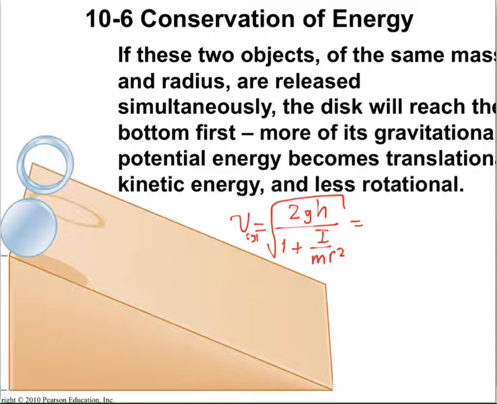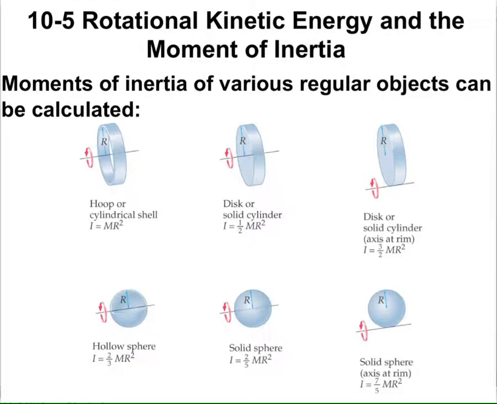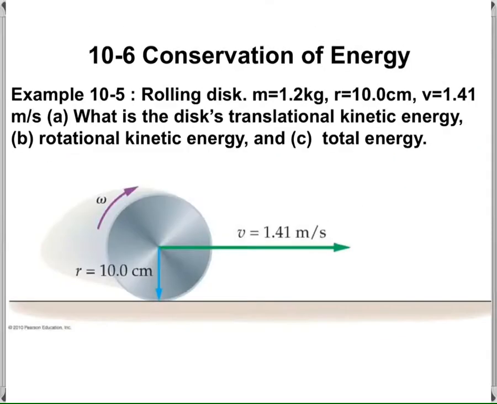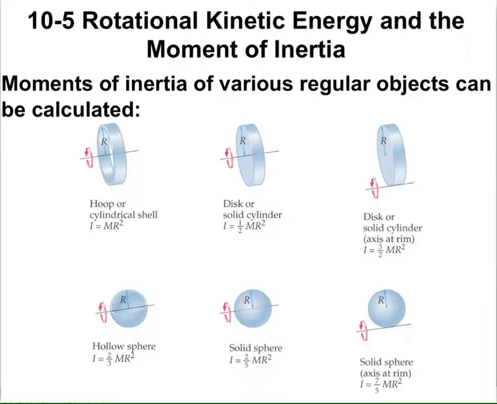For cylinder, this one, I is equal to, if the radius for both of them is r, m r square, right? Well, you can check from this here. It's m r square. And for the disk, if you check, it is 1/2 m r square.